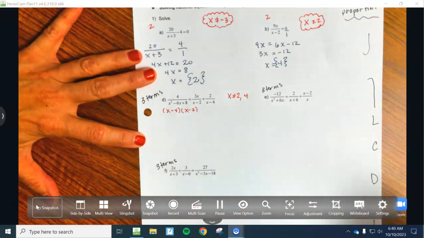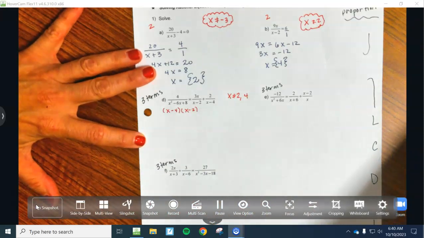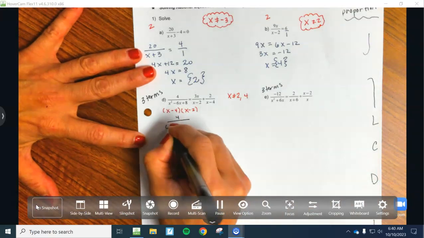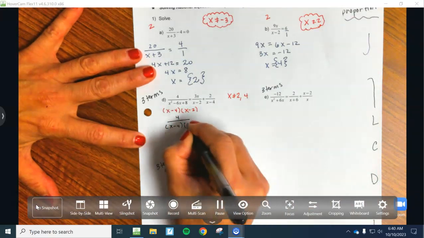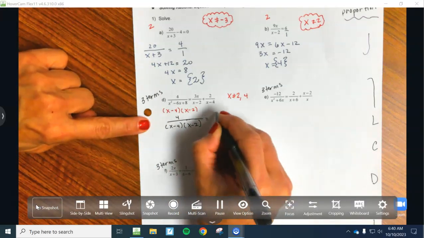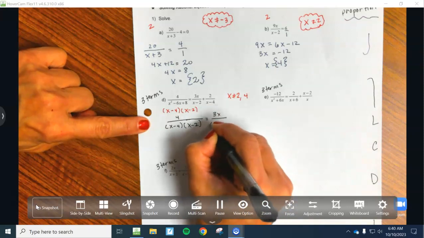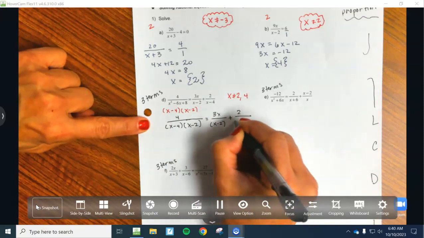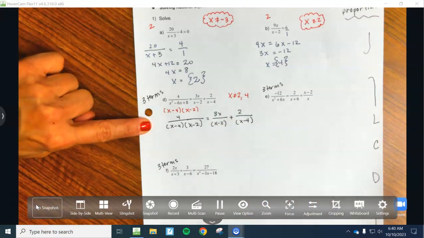That's great. In fact, factoring your denominator is so important, guys. We're going to go ahead and rewrite this in factored form. So I'm just going to copy the left side in factored form, but the right side of the equal sign, I'm copying exactly how it was because it was already factored.